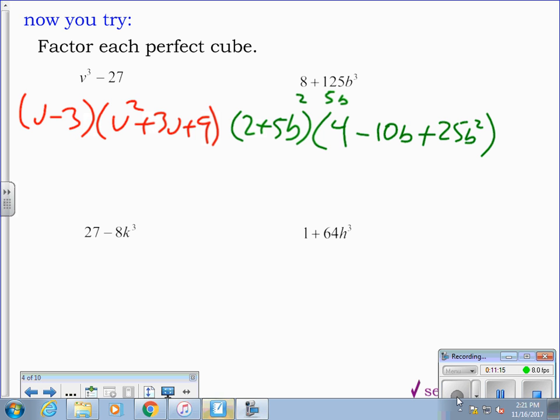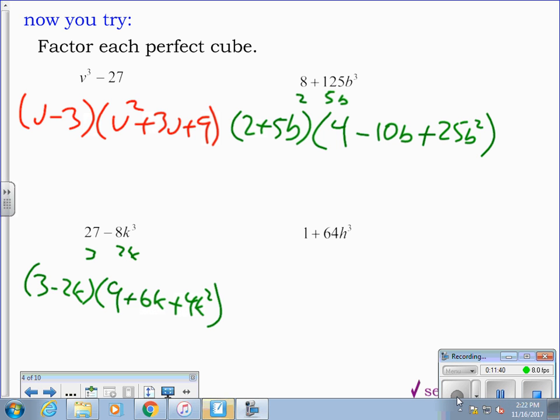Okay. For this one, I'm cubing 3 and 2k. So I get 3 minus 2k. And I get 9, multiply the 2, gives me 6k, and this is a plus 6k. And then last one's always positive. When I square 2k, I get 4k squared.